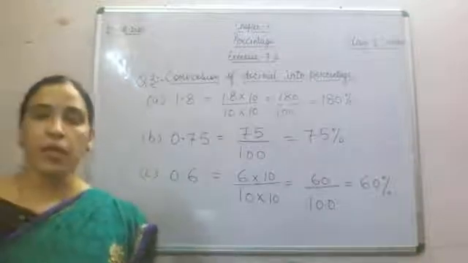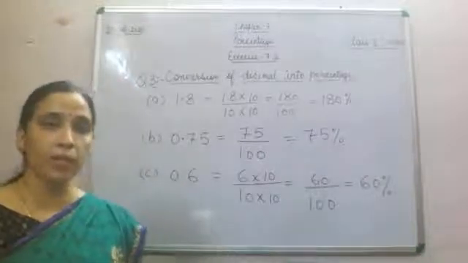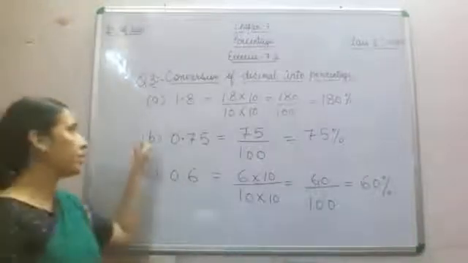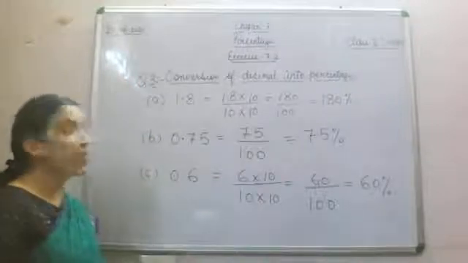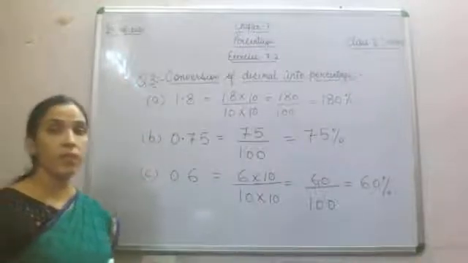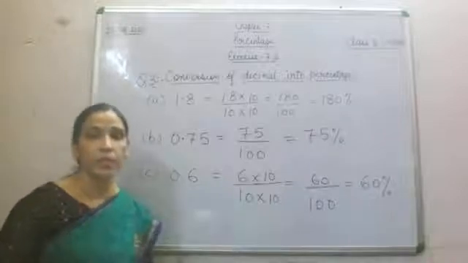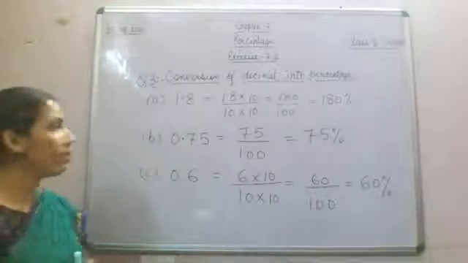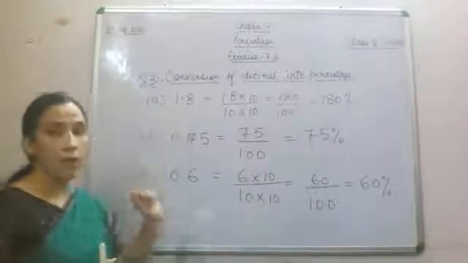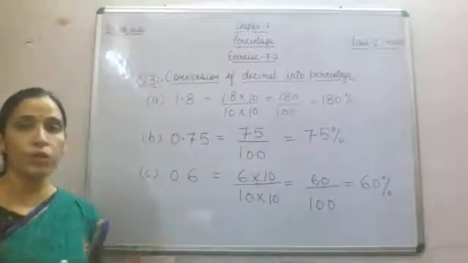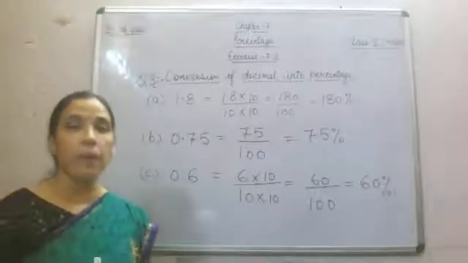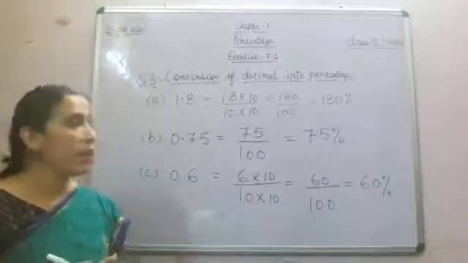60%. Now let's start D part. I hope there is no doubt in these 3 questions A, B, C. Let's see once again what we have done in this A, B and C part. In question A you have been given a decimal number. In all the questions you have been given a decimal number, but the places are the same.